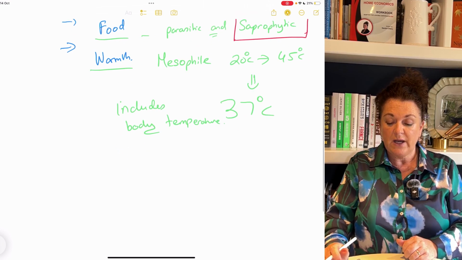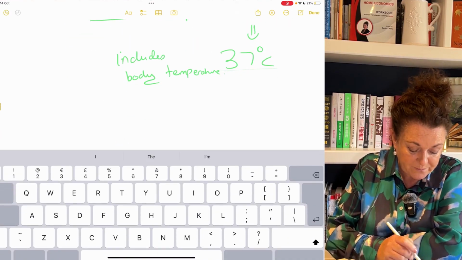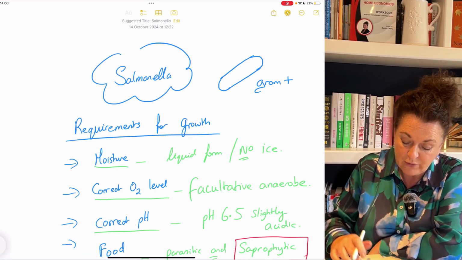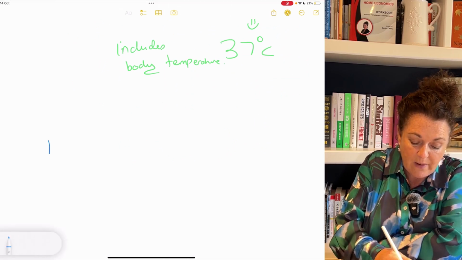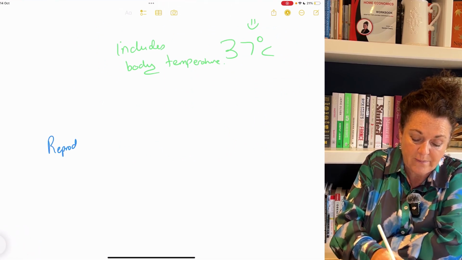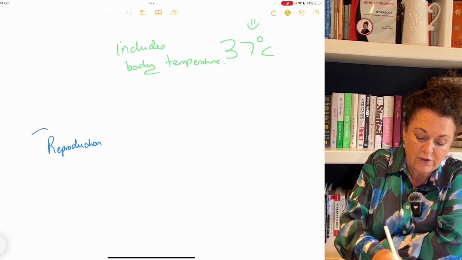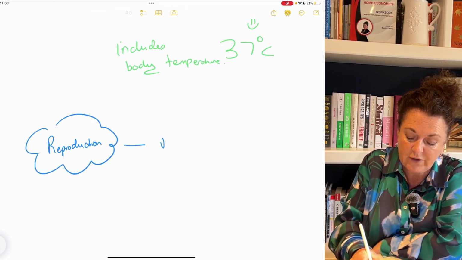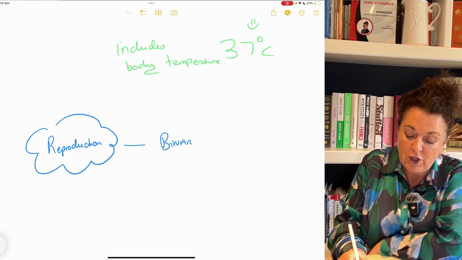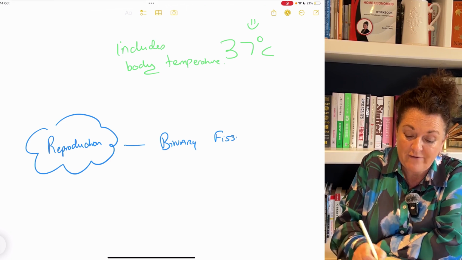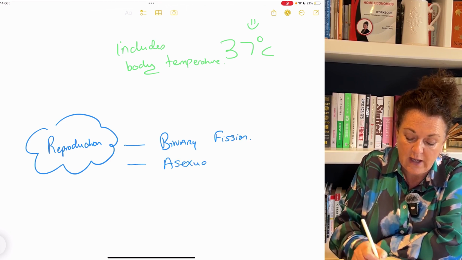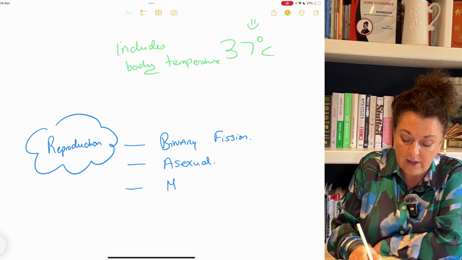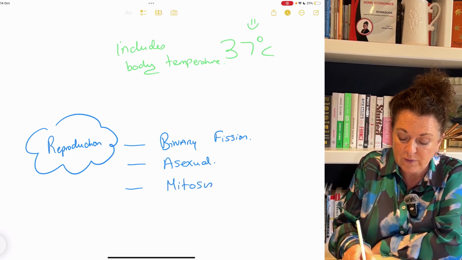Then we note reproduction. If we're asked about reproduction of Salmonella, it's going to be by binary fission. So reproduction, we'd have to mention binary fission. Then two other terms that would have to be mentioned, how it's asexual reproduction and involves cell division caused by mitosis.